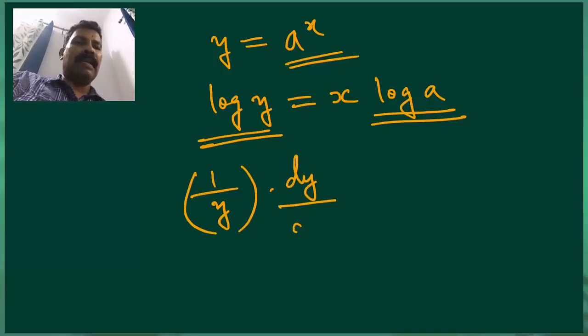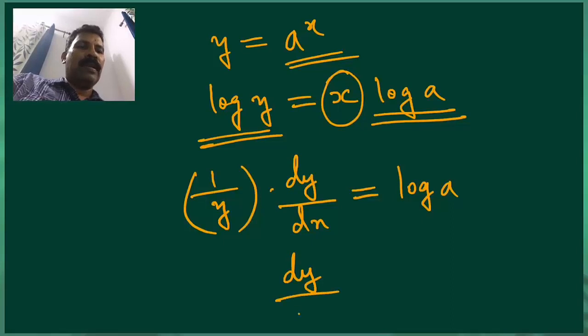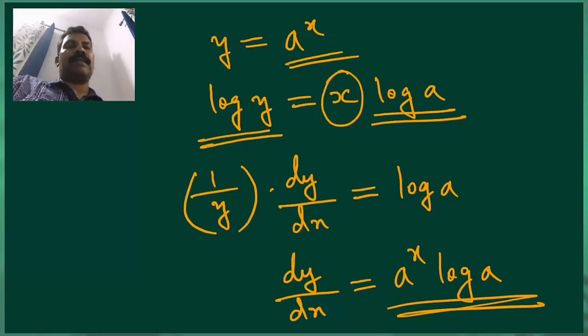Then dy by dx, that is equal to, then first here log a is a constant, so you can take log a outside. Then derivative of x is 1, so you need not write it. So our answer will be dy by dx equals log a into y. So what is y? That is a power x then log a. So that will be the answer, a power x log a.